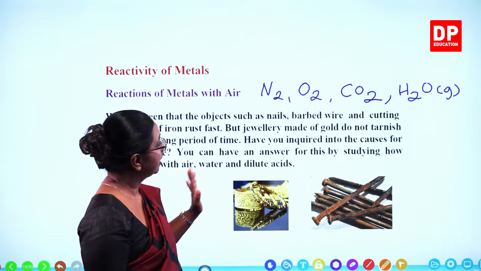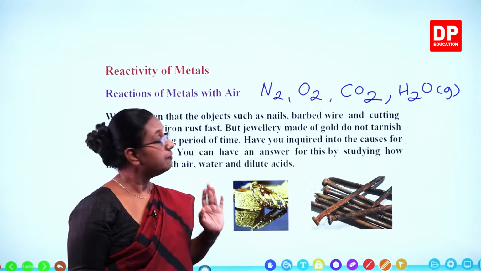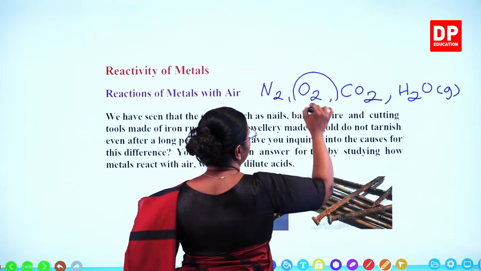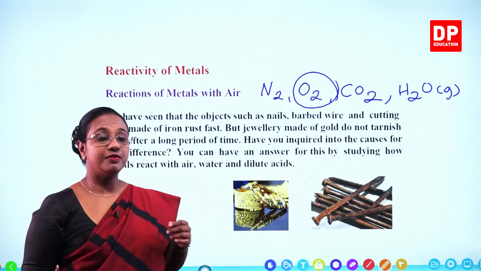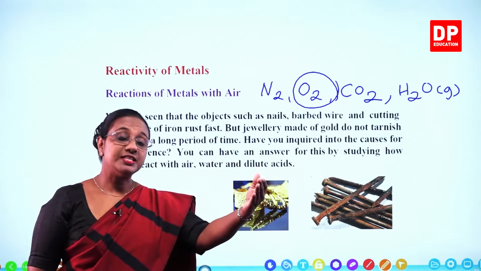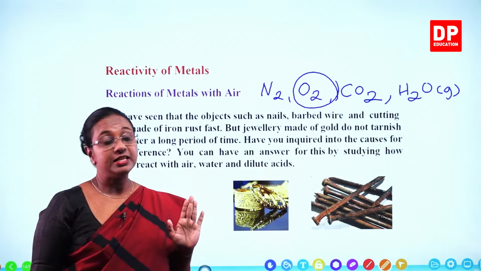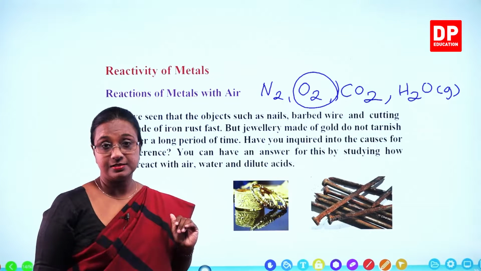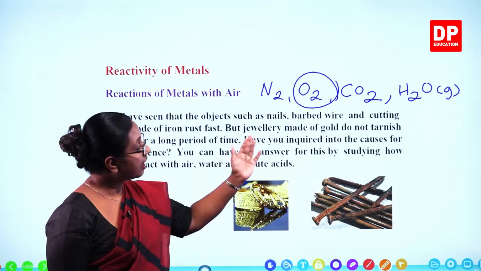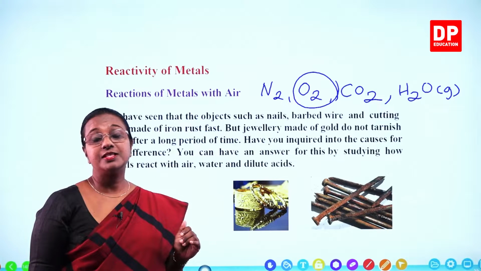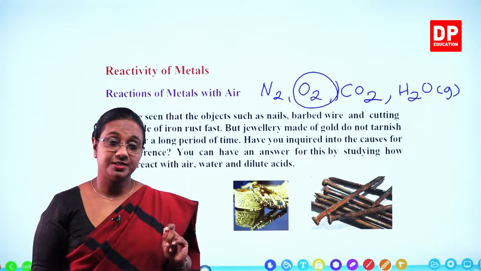Out of these, when we say reaction of metals with air, we mostly consider oxygen, because that is the most reactive one. When you burn something, oxygen in air is needed for the combustion. So oxygen in air reacts with metals. Same way, even nitrogen can react. Carbon dioxide can react with certain substances, but mainly we consider oxygen.